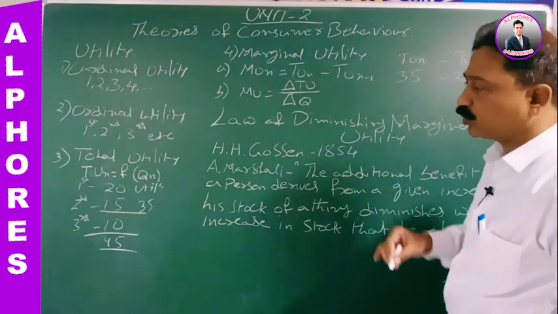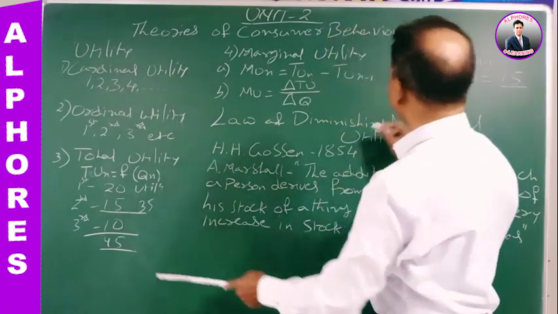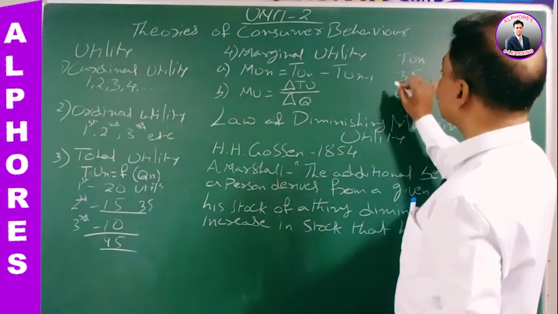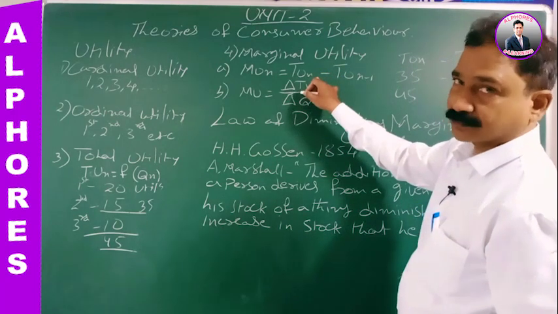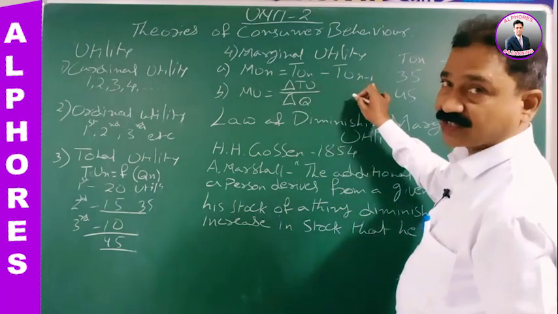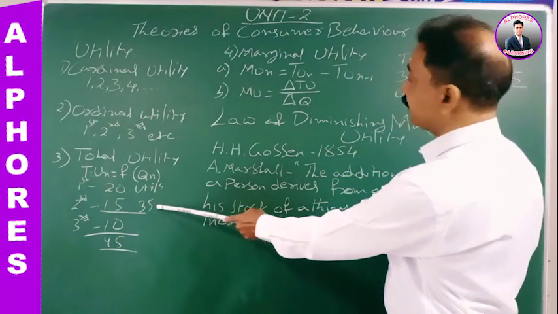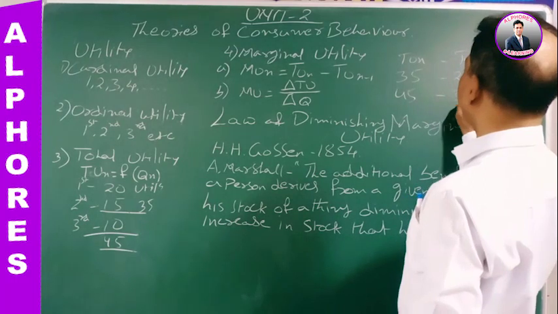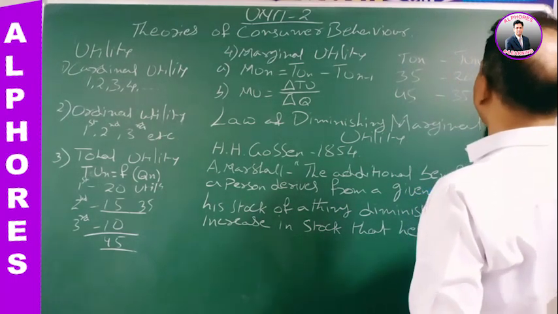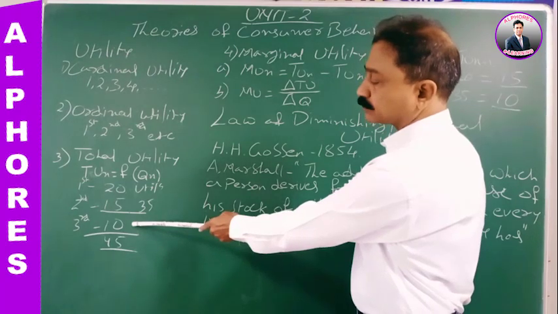If we go on with three commodities, how much did we get? 45. That is TUn minus TUn-1, the previous one. How much was the previous one? 35. 45 minus 35, what is the marginal utility? 10. You can see it here, 10.